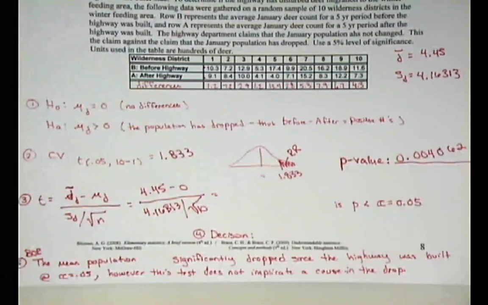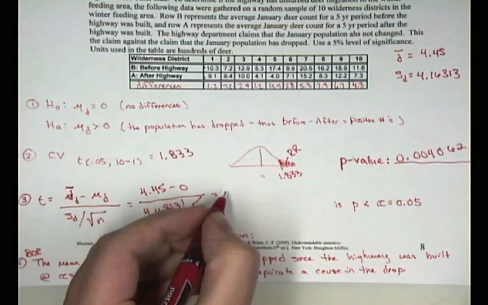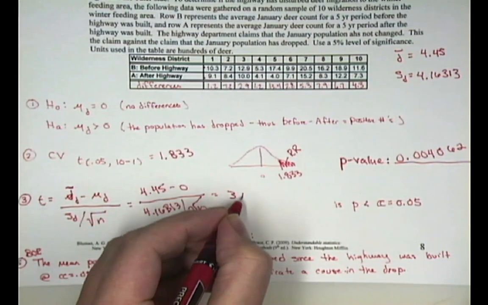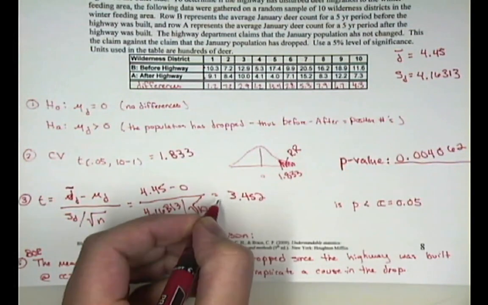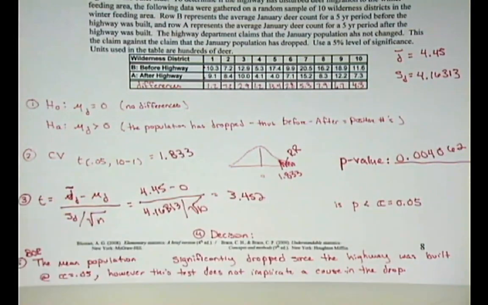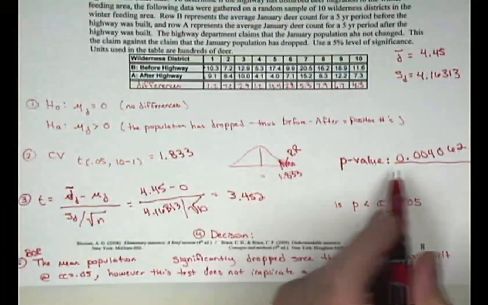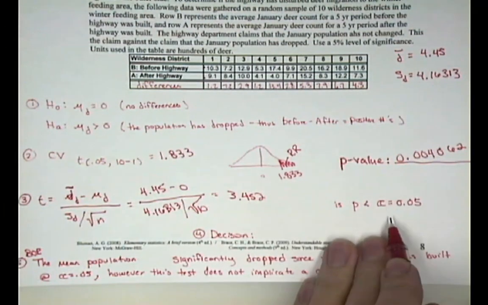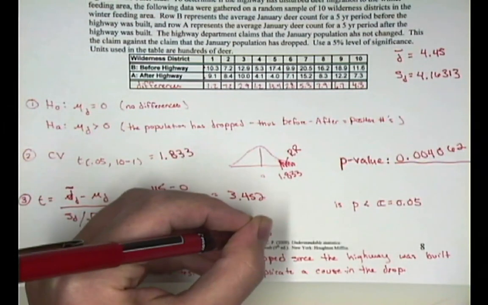So when you do the test statistic, you should be coming out with 3.452, and as you can see, that does fall in the rejection region. And for the p-value, p is less than alpha. So we are going to reject H0.